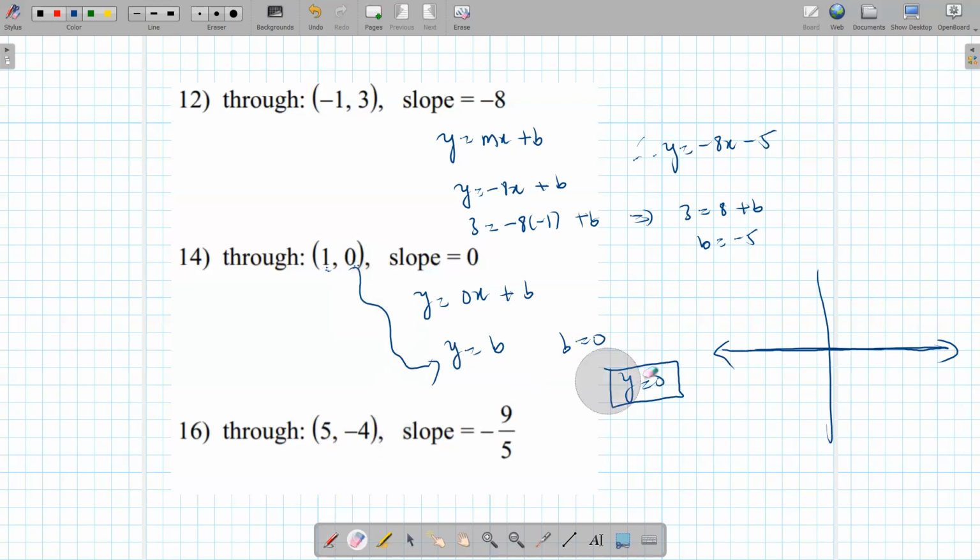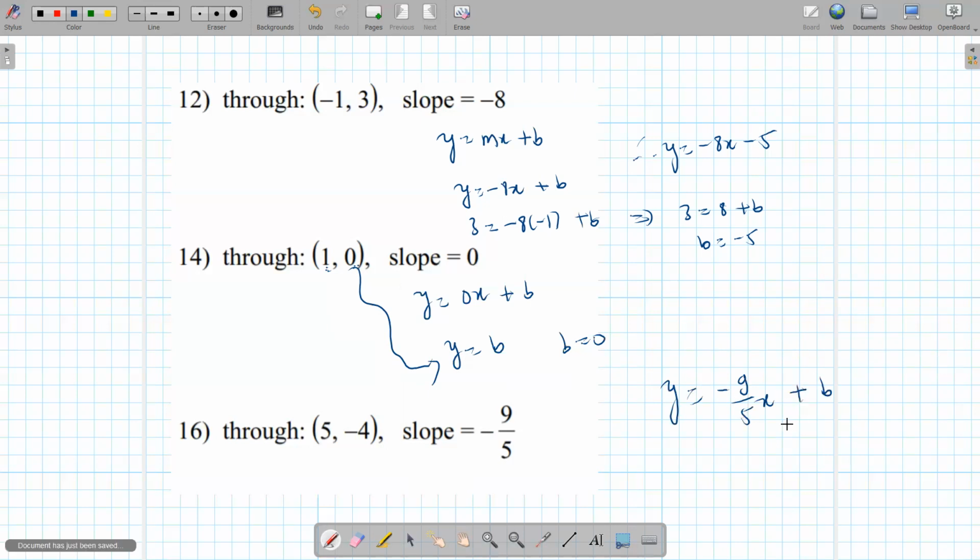16, same idea. We know the slope is -9/5. So we have y equals -9/5x plus b, right? To find the b, you plug y as -4 and x as 5. What is -9/5 times 5?